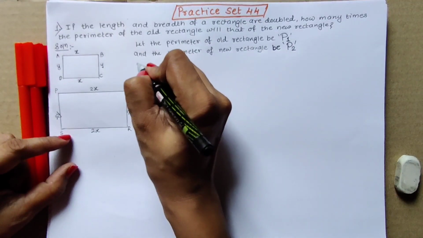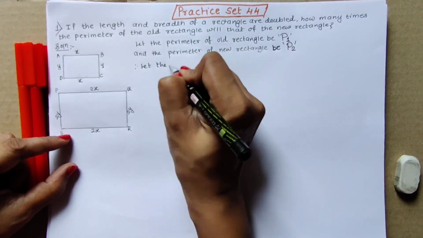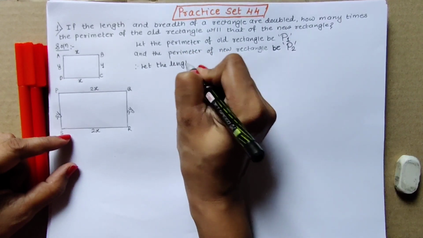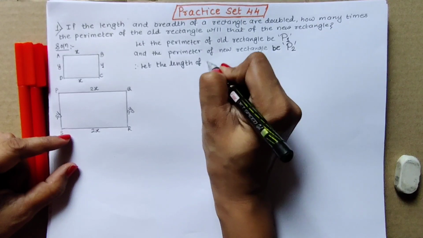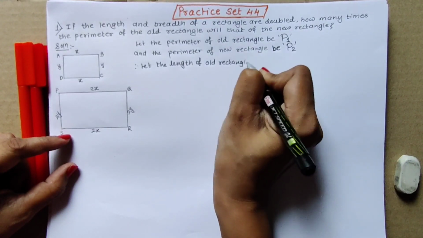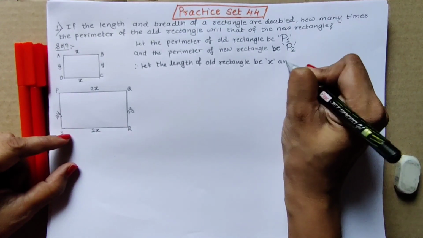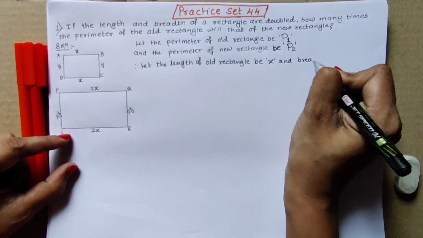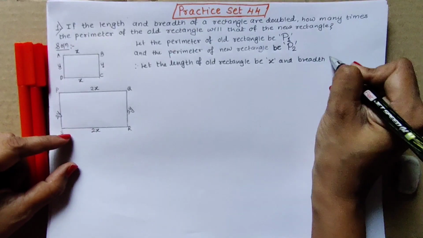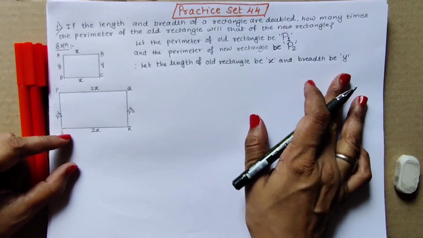The length of old rectangle be x and breadth be y. Okay, so length is x and breadth is y.